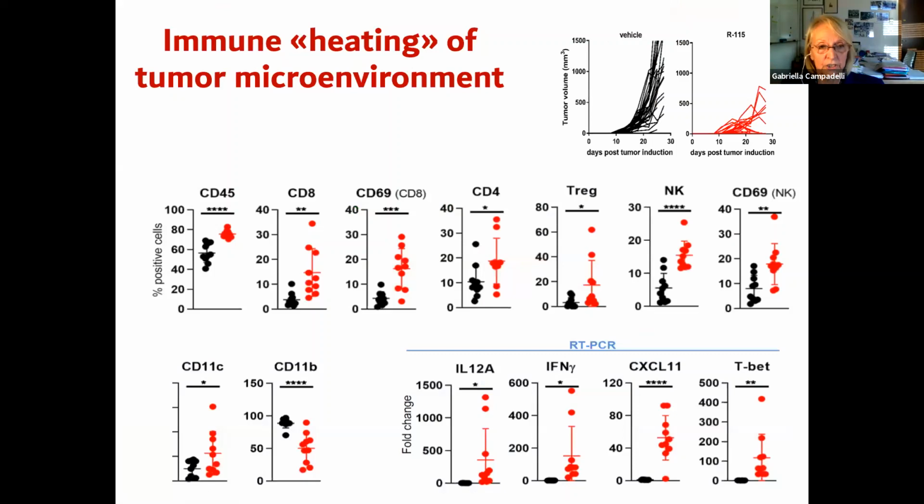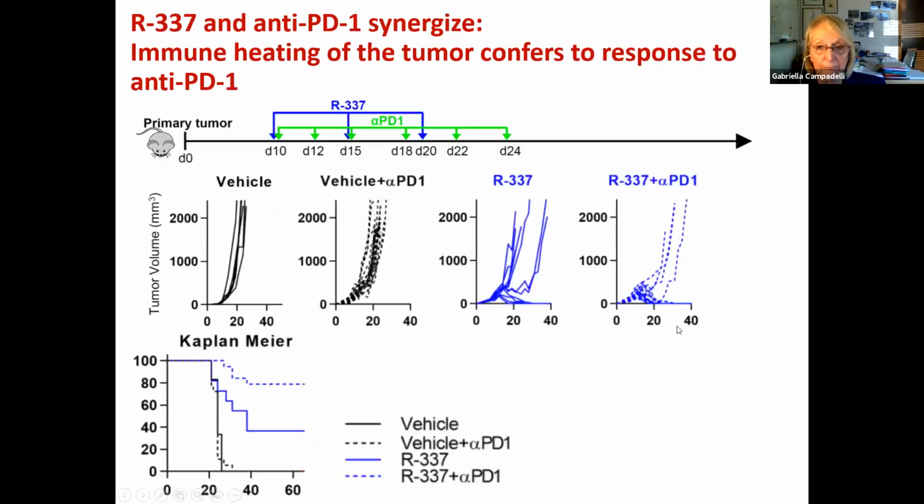These are all the changes that we have measured in the tumor microenvironment: increase in CD8 cells, in NK cells, in CD4 cells, in the dendritic cells, and in the number of factors. Now, do our viruses synergize with the checkpoint inhibitors?